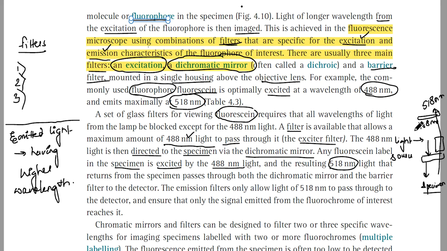Clear? So this is so interesting to note down. So here the excitation filter is allowing only 488 nanometer to pass through it, and the emission filter is allowing only 518 nanometer to pass through it, to ensure that the signal emitted from the fluorochrome of interest reaches it. Isn't it interesting, guys?